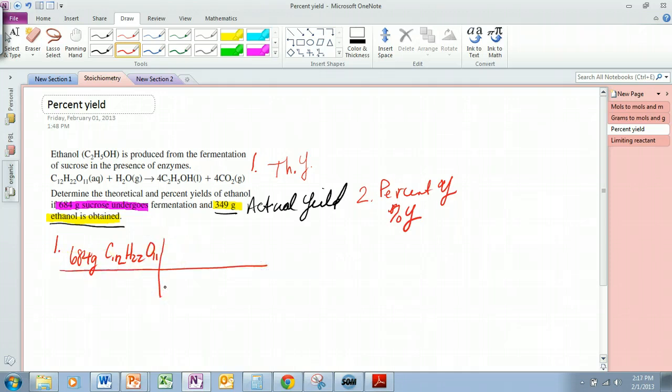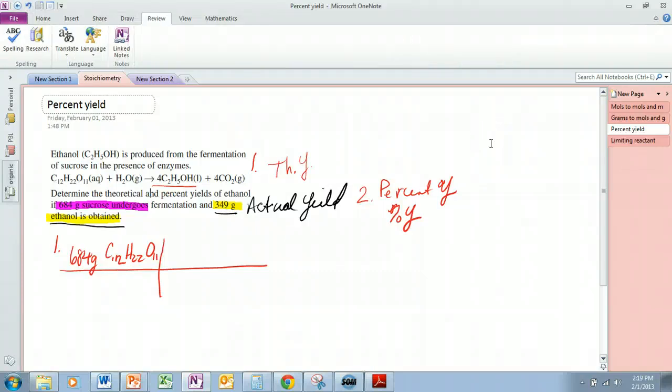We're going to need a couple of masses. We're going to have to go from sucrose to ethanol as our final product, and we need the molar mass of sucrose. So how would we do that? Okay, so I think you guys know how to do the molar mass of sucrose.